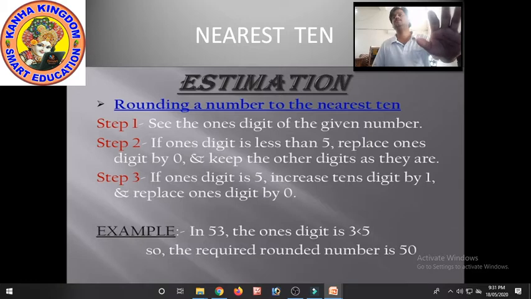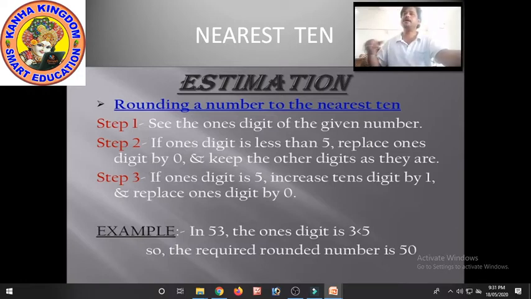You just go to the tens digit and increase it by 1. Means you add 1 to the tens digit and replace the ones digit again by 0, and all the rest of the numbers stay the same.